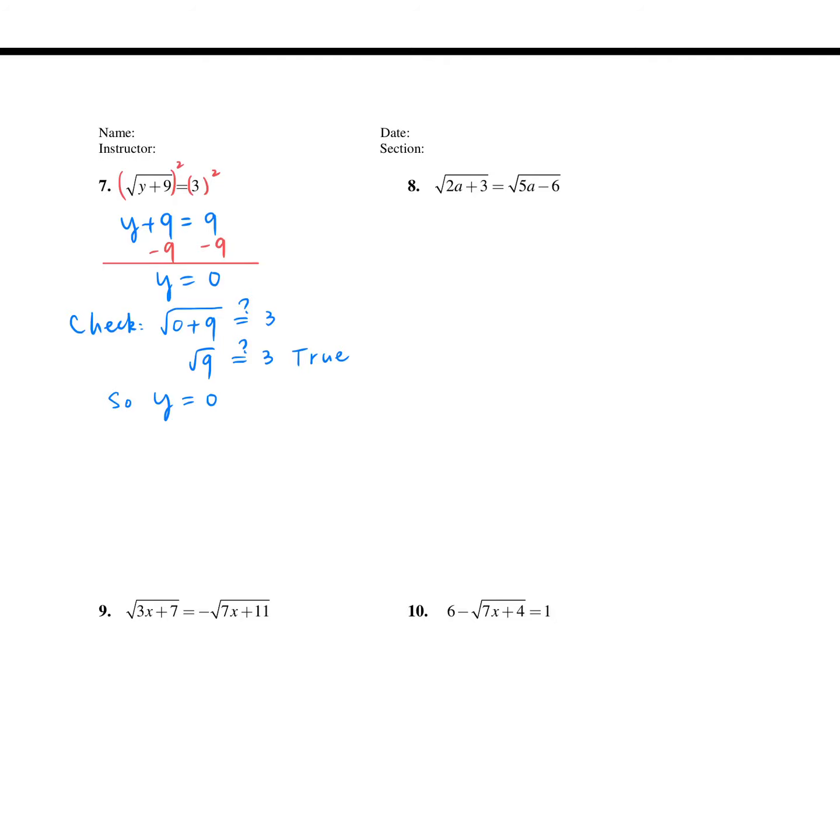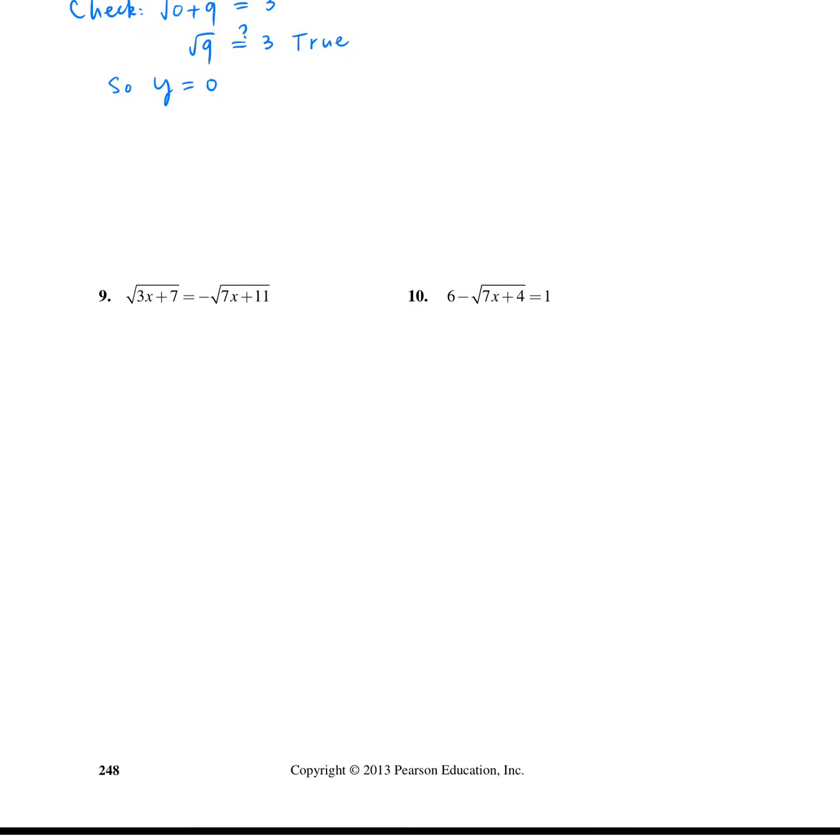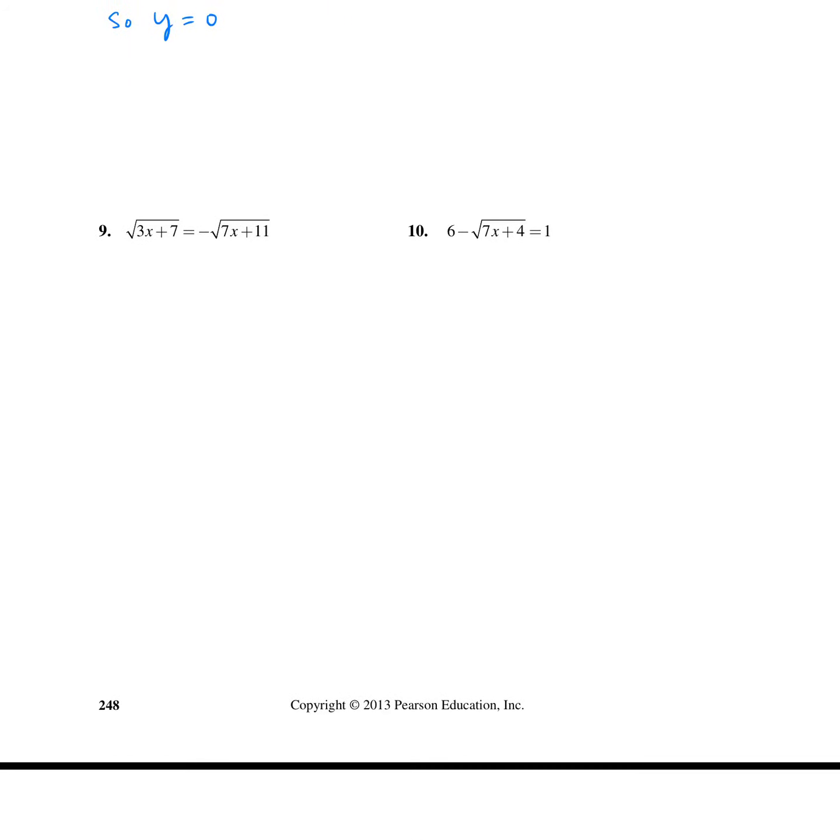Number 9. Sometimes we have more than one radical part, like this. Good thing is the radical parts, they're on different sides of the equation and they are isolated already. So all you need to do is inverse operations on both sides, squaring both sides. So it's the same idea. You isolate one of the radical parts and then you perform inverse operations.